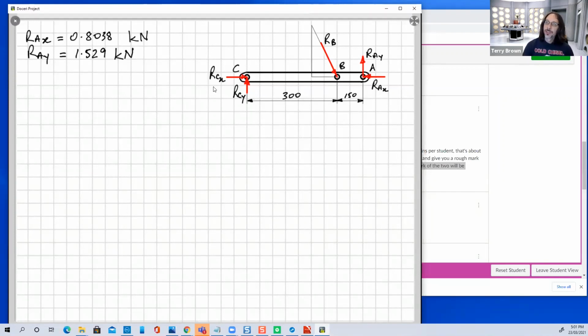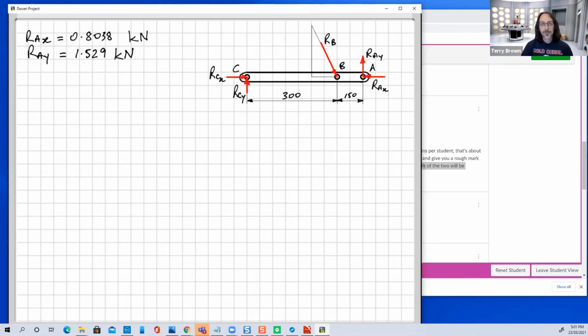So once we get to here, once again, it's a simple rigid body equilibrium problem. We've got RAX and RAY that we got from our previous free body diagram, and now we've just got three unknowns again. Just use our three equilibrium equations.